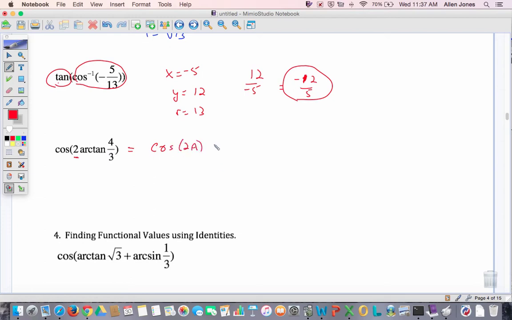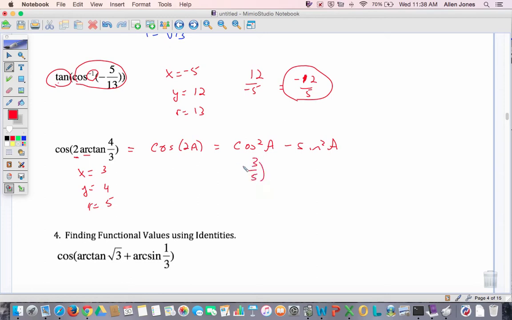Our third one here is a little bit more complicated because we have a double angle because of this 2. So I'm going to rewrite this as the cosine of 2a. I'm going to use one of my two versions there, cosine squared a minus sine squared a, for my double angle. We remember those from our work in chapter 5. Going back here, we want to identify x, y, and r because arctangent, same thing as the inverse.